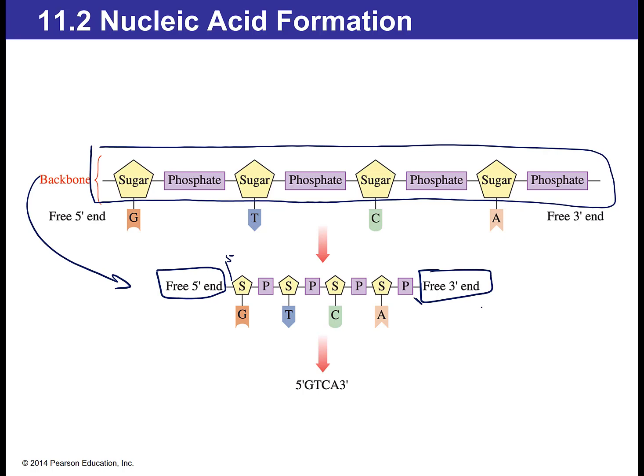So there's a direction. Very much like with proteins, you have NCC, NCC, NCC, nitrogen, carbon, carbon, and then you have the R groups hanging off. So there's a nitrogen side and there's a carbon side. So there's a beginning and an end to a protein. There's a beginning and an end to your nucleic acids as well. So you can't just flip it backwards. The sugars and phosphates would be oriented slightly differently if you flipped them around.